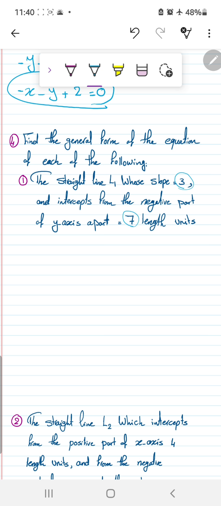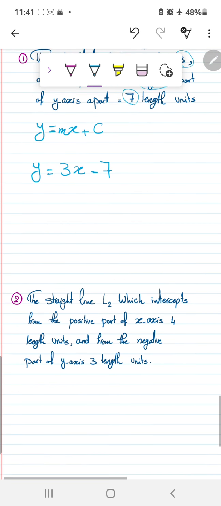If we have the slope and the intercepted part, we substitute directly in the rule y equals mx plus c, as we said in the previous video. Substituting, y equals 3x, and c is negative 7. And here is the equation of the straight line.